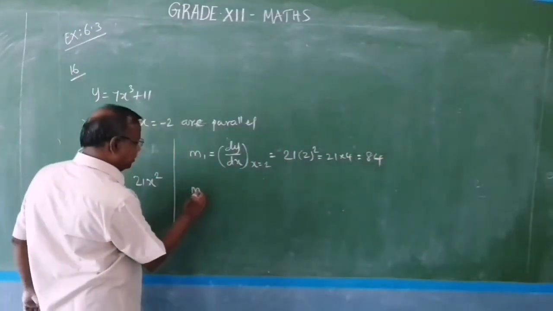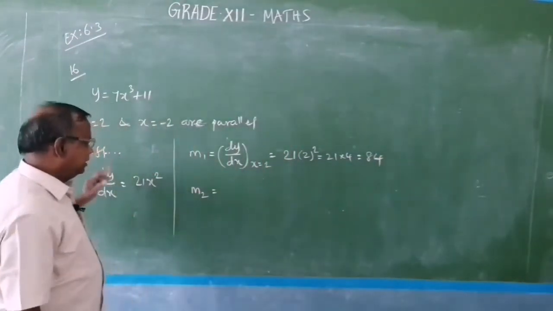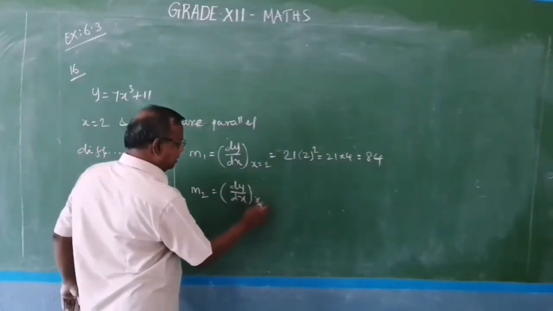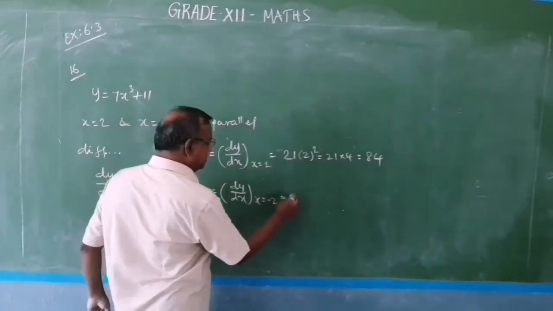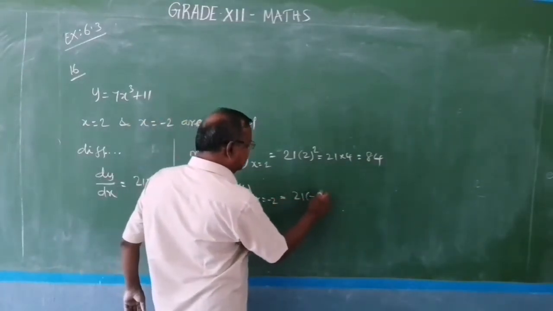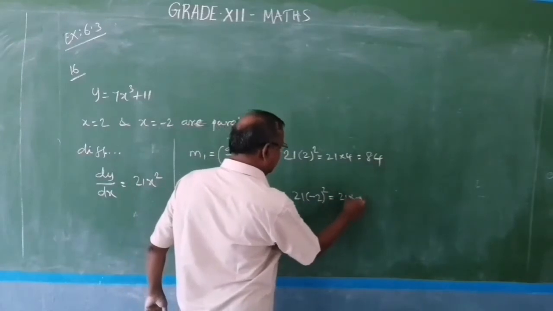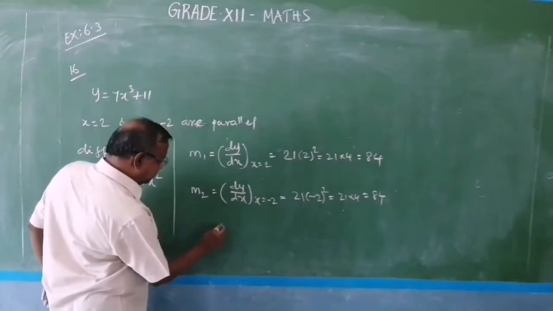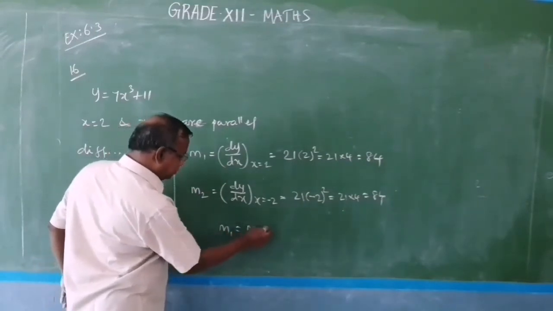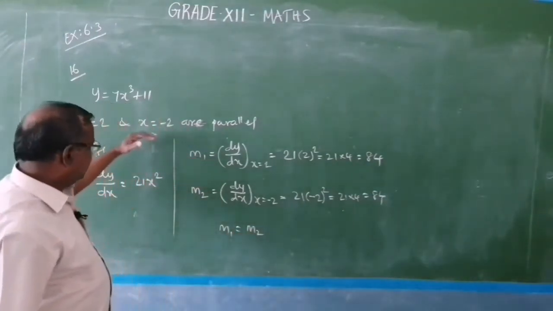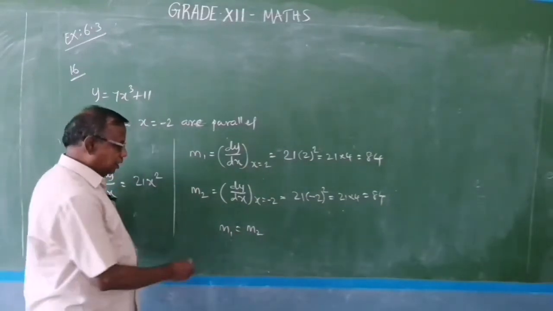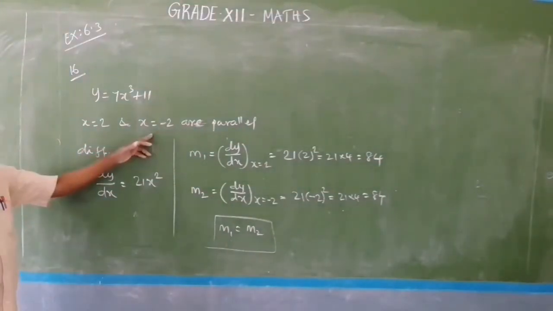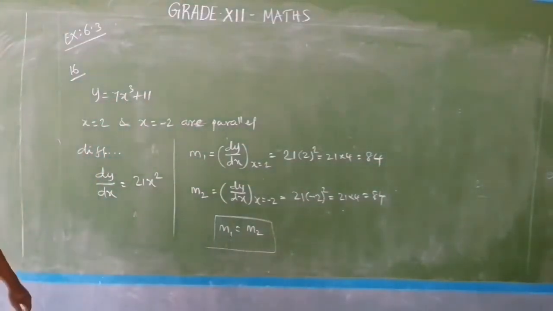And let m2 be the slope at the second point, that is dy by dx at x equal to minus 2, which is 21 into minus 2 the whole square, which is also 21 into 4, equal to 84. So from these we have m1 equal to m2, that is the slope at the first point is equal to the slope at the second point. If these two slopes are equal, then the tangents at these 2 points to the curve are parallel.